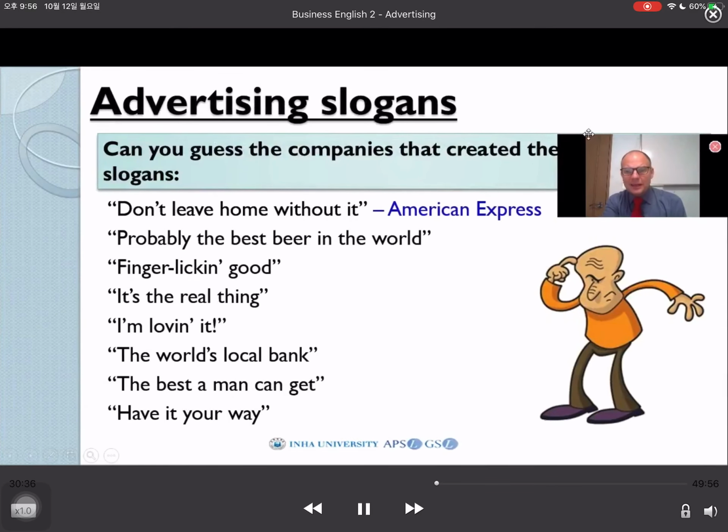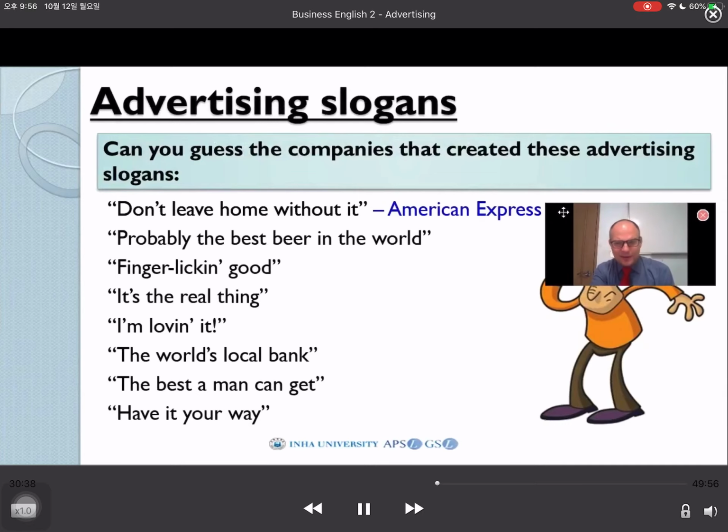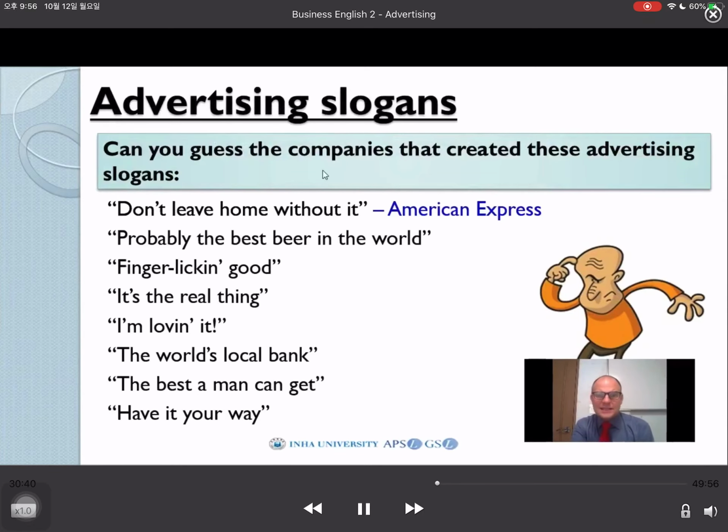And we're looking at those slogans again. Can you guess the companies that created these advertising slogans? We already looked at one, probably the best beer in the world, Carlsberg. Another example, don't leave home without it, American Express, very famous. Can you think of these other ones?